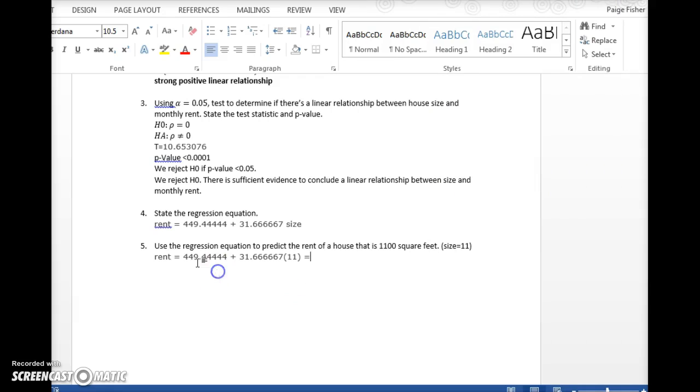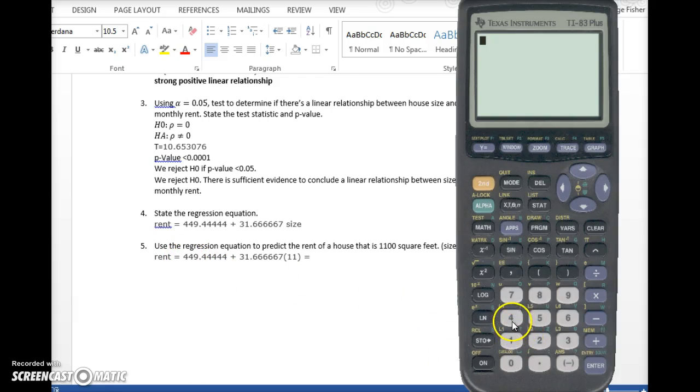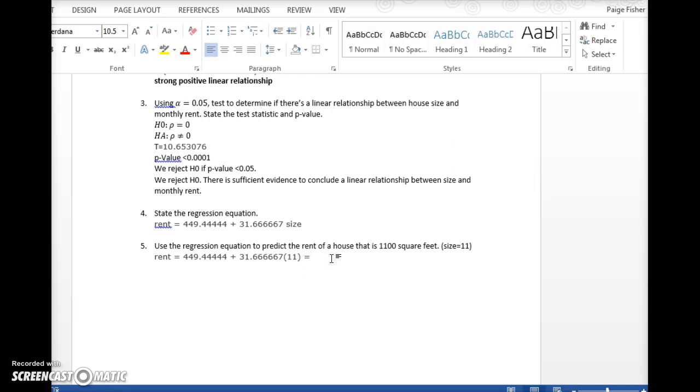So we have the intercept plus the slope times 11. So we have 797.78. And this is money.